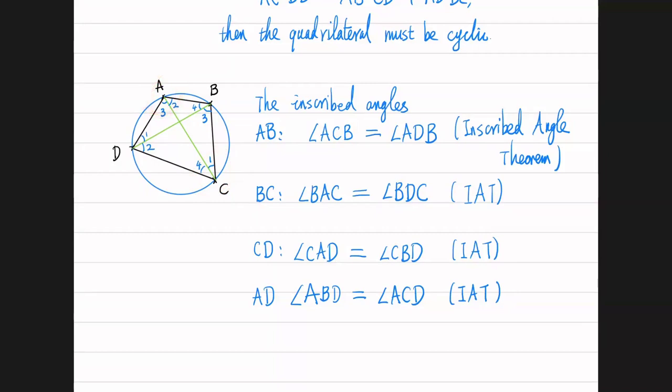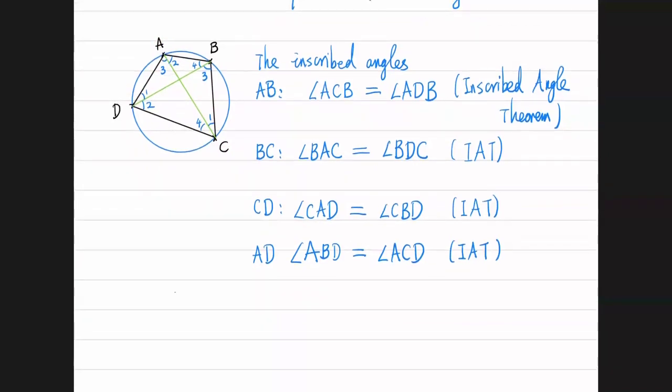What's the summation of the opposite angles, angle BAD and angle BCD? I kind of forgot.